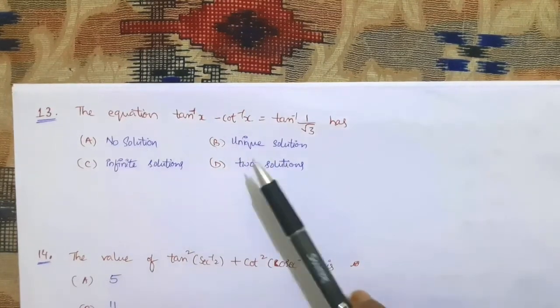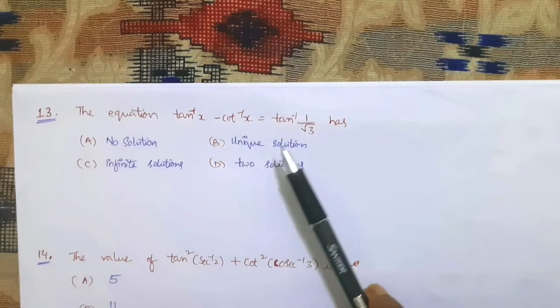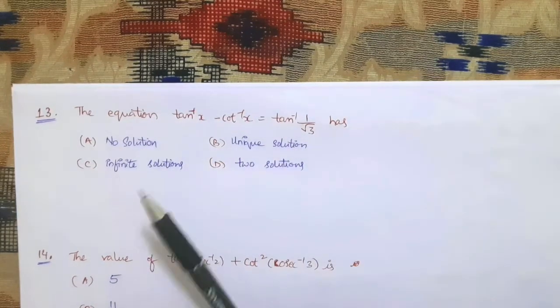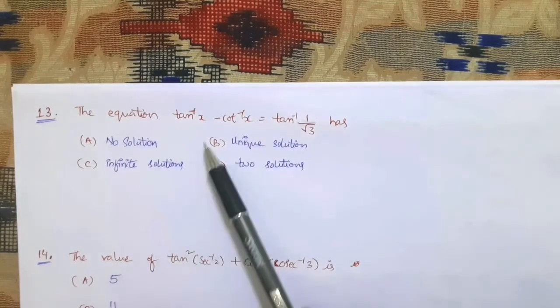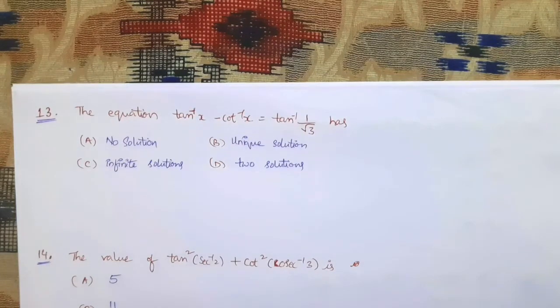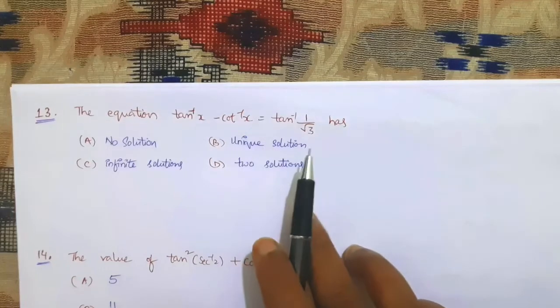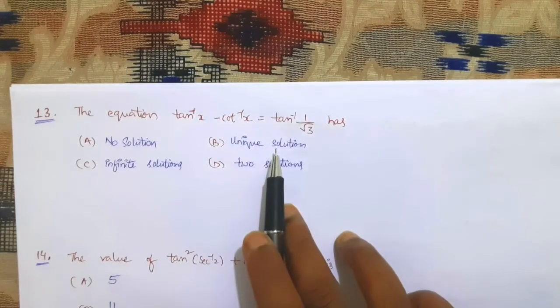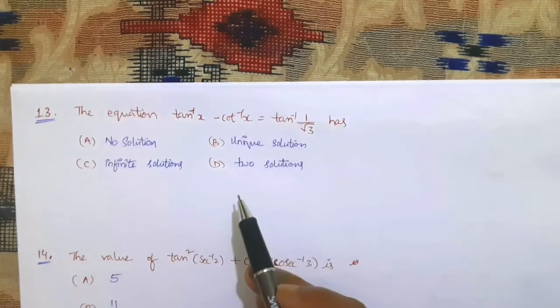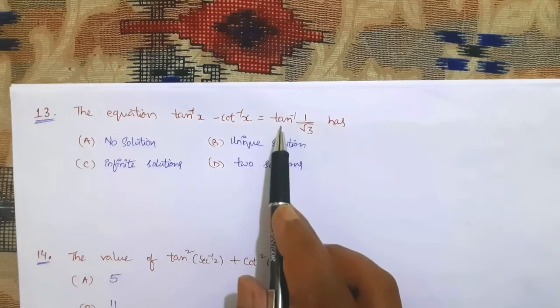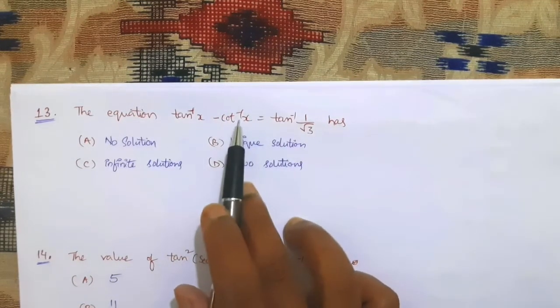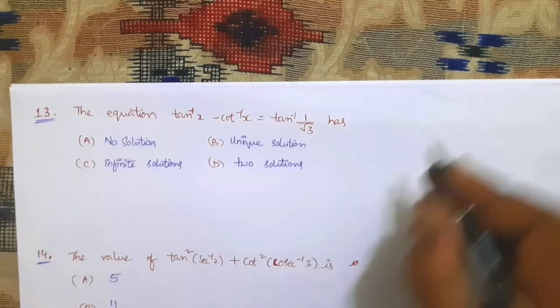No solution, unique solution, which means any one solution, or infinite solutions, or two solutions. And how many x values will we get? To find that, we need to convert into either tan or cot. But here, as it is in terms of tan, convert this cot inverse also in terms of tan inverse.